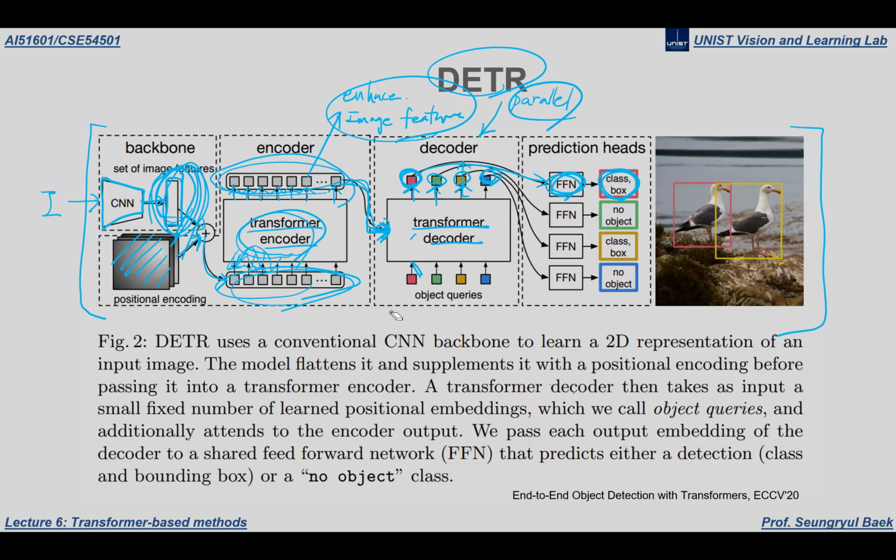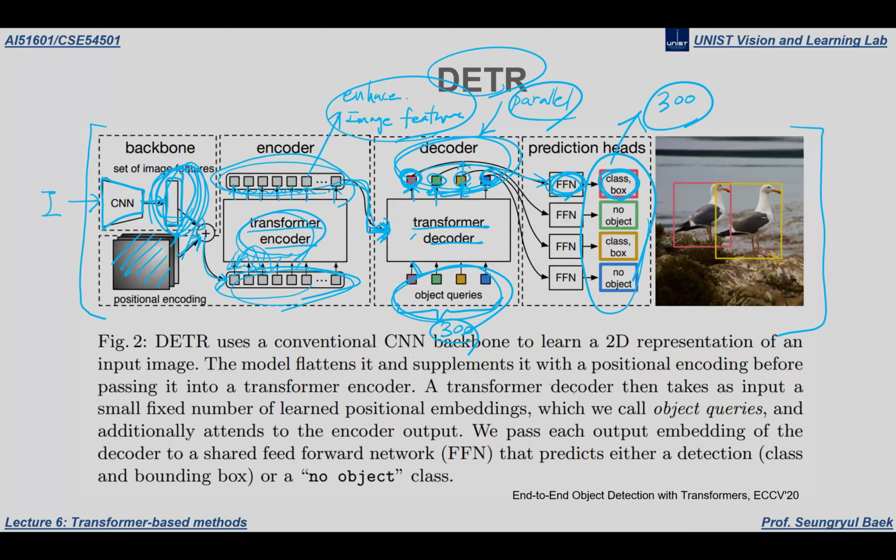If you set the number of queries as 300, for example, then you will get 300 outputs from the decoder, and those 300 outputs will be mapped to 300 bounding boxes and class information. So the number of object queries is the number of predictions you will get from the transformer.